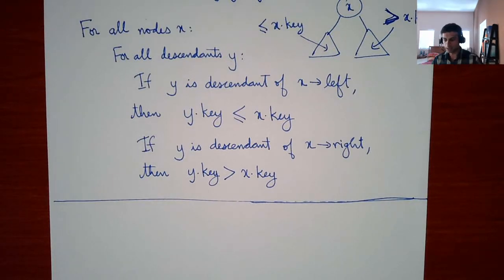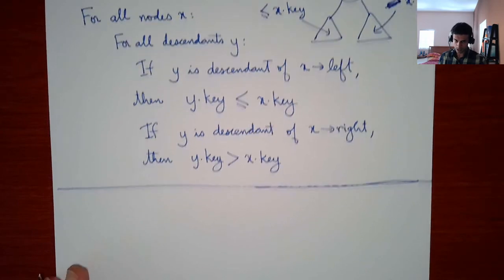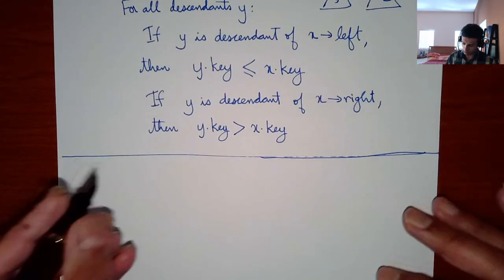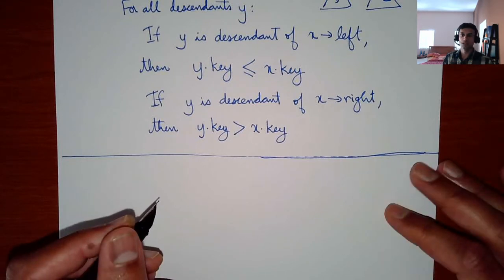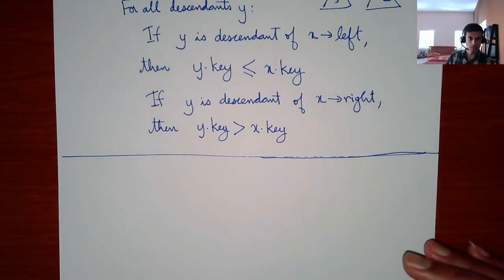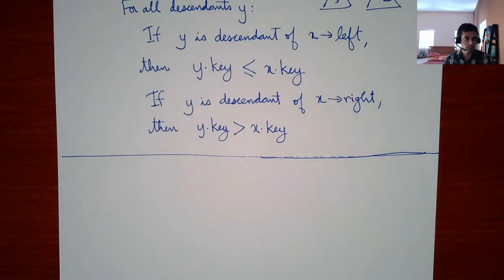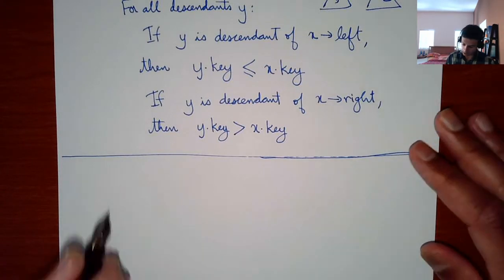And you'll see that find min, find max, predecessor, and successor are going to be quite easy given those properties. One of the main ideas is that in a binary search tree, it's easiest to write recursive code. Recursive code is the simplest way to perform lots of operations. And you're going to see this right now when I just do find.